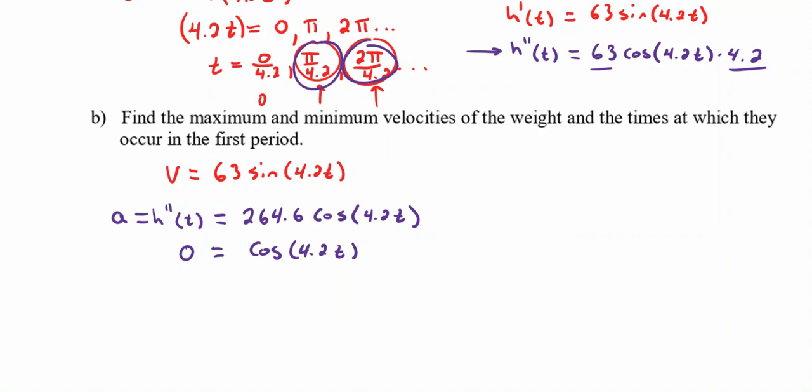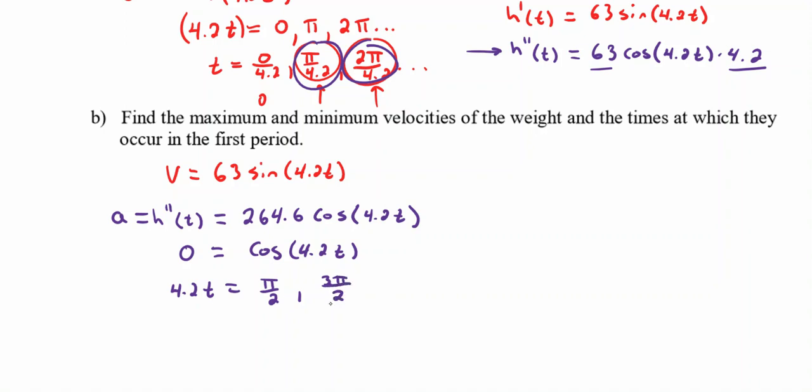So where is cos equal to 0? Well, cos is equal to 0 at pi over 2 and 3 pi over 2. Remember, we're treating this like just theta for now. It's just one thing. So we'll say 4.2t, or theta, is equal to pi over 2 and 3 pi over 2.